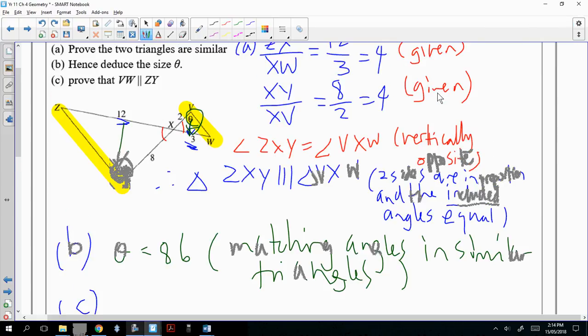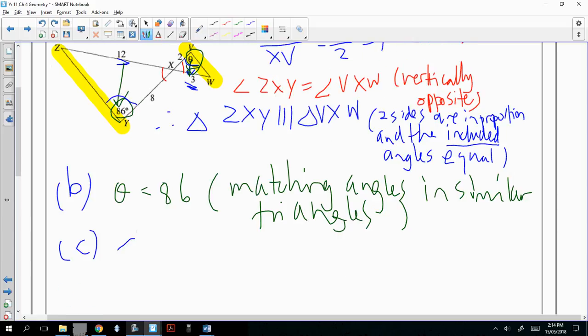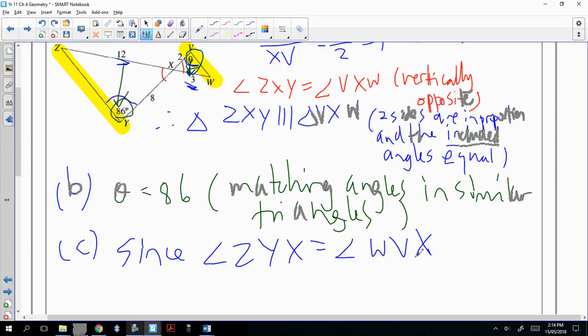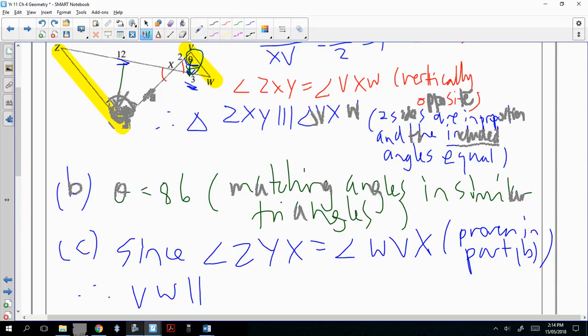So you say, since angle ZYX equals angle WVX, proven in part B, therefore VW is parallel to ZY, because the alternate angles are equal.